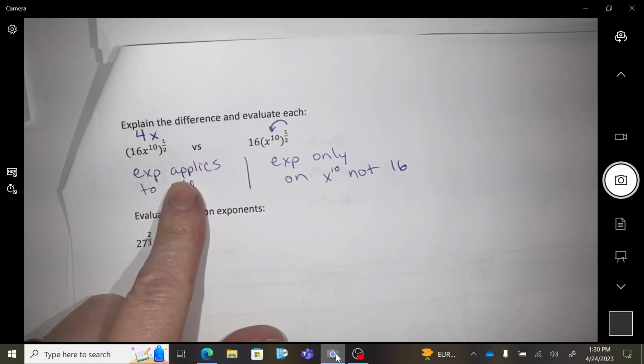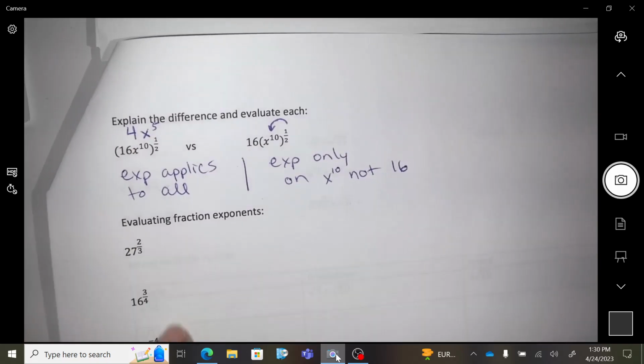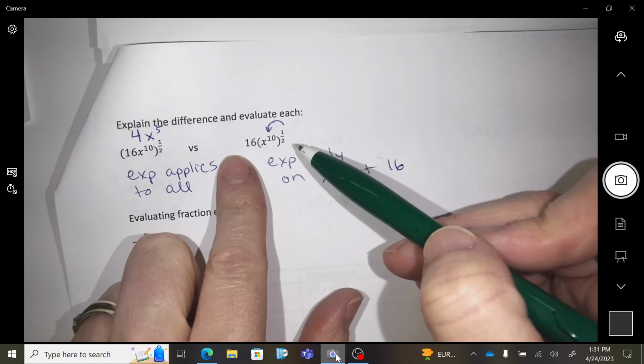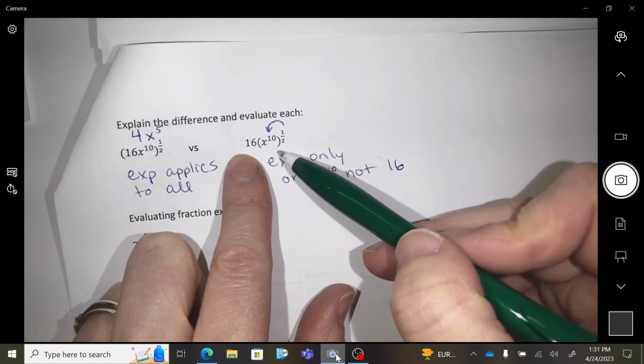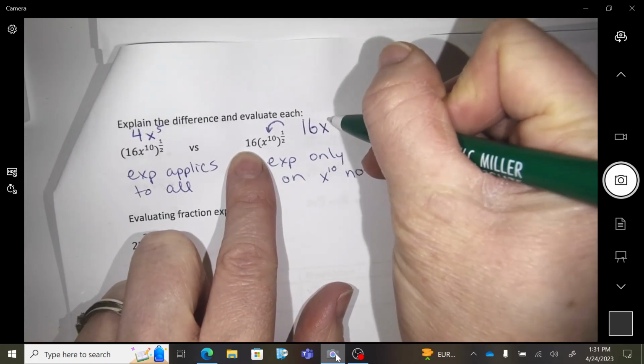So what's a half of 10? 5. So that answer is 4x to the 5th. Versus this answer, the half is not on the 16, so it's 16x to the 5th.